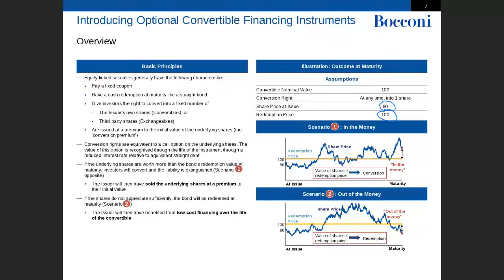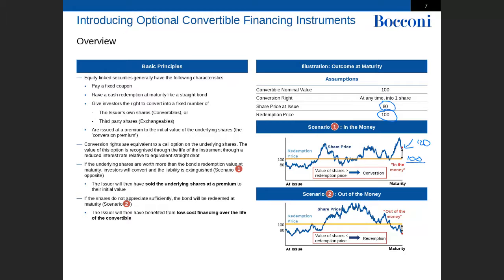So Lucas said, in the money scenario, where you actually issue the shares at maturity, what happens? That you issue shares at 100, but the share price is, let's call it, 120. So you have issued de facto shares at a discount, because the shares will be issued at 100 while the market is north of 100.